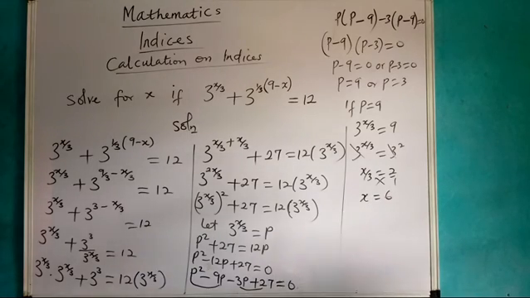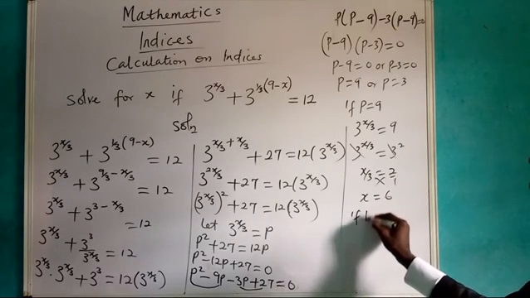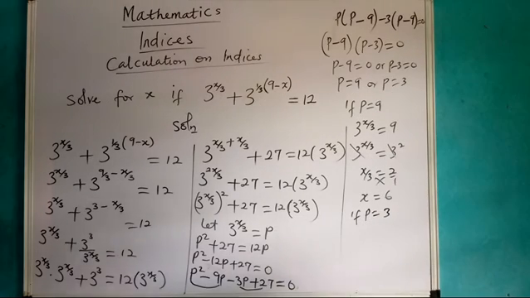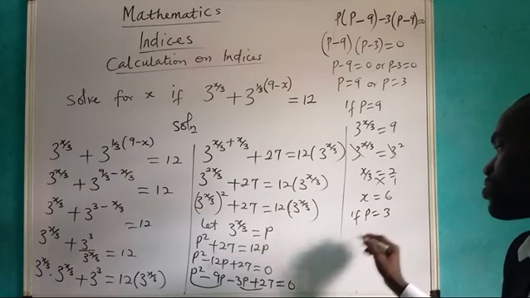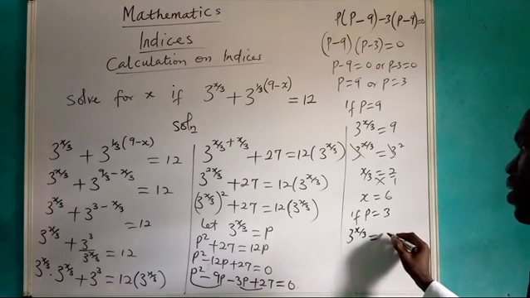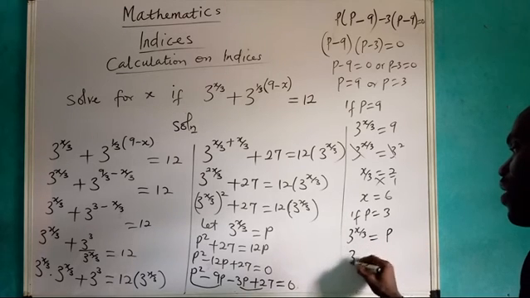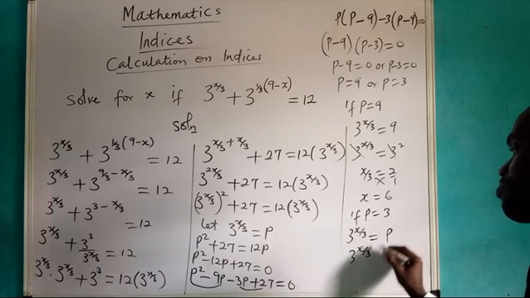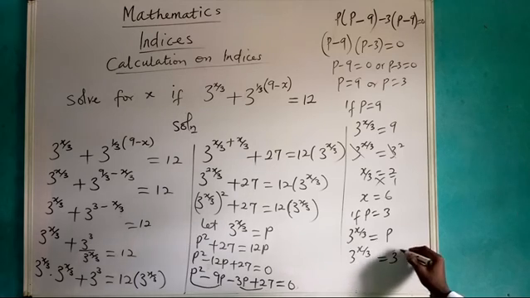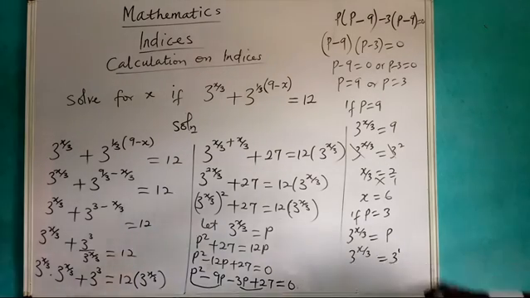Yes, of course. Now, what about if p equal 3? How can we determine x? Bringing your mind back to this portion, 3 power s over 3 equal p. It means that whenever I have p, I will put 3 here. Now we have an equal base. Don't forget that 3 power 1 is the same as 3.